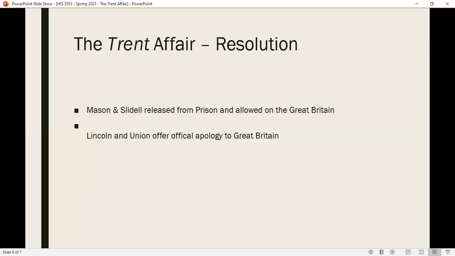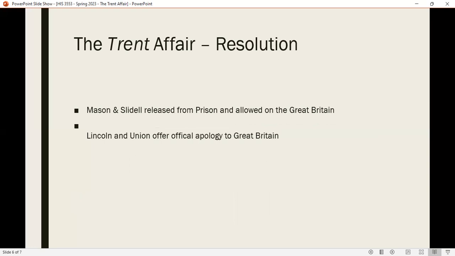So basically, Mason and Slidell are eventually released from prison and allowed to go to Great Britain and France. Lincoln and the Union offer their official apology to Great Britain. It should not be discounted how big of a political task this was for Lincoln. Most people in the North were quite happy with the imprisonment of Mason and Slidell.